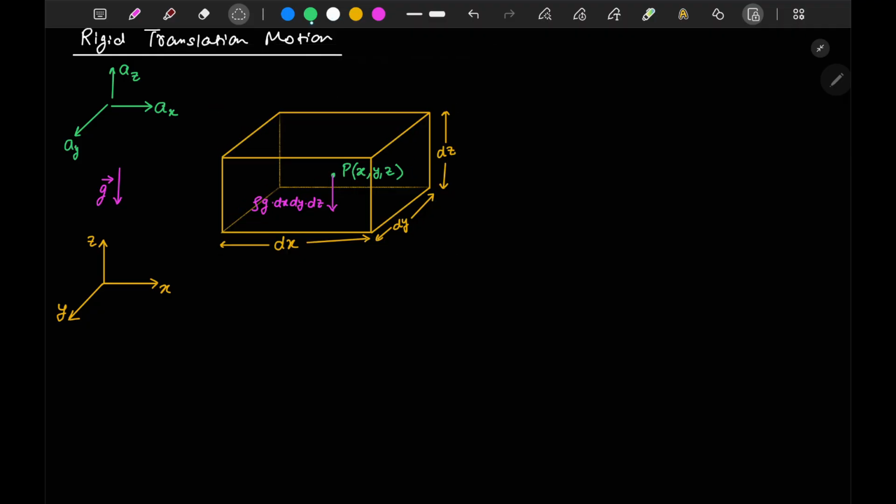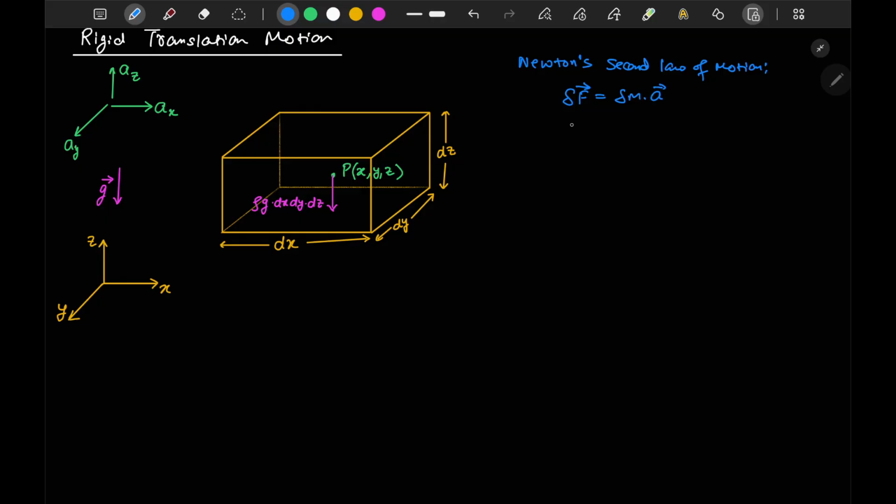So from Newton's second law of motion, we can say that dF vector is equal to delta m times the acceleration vector.